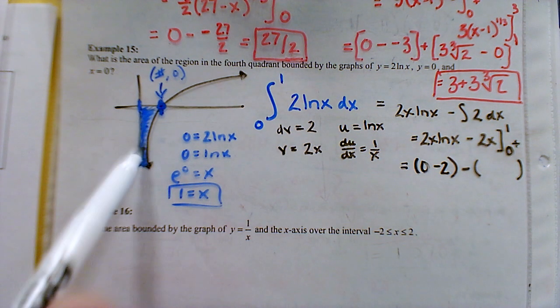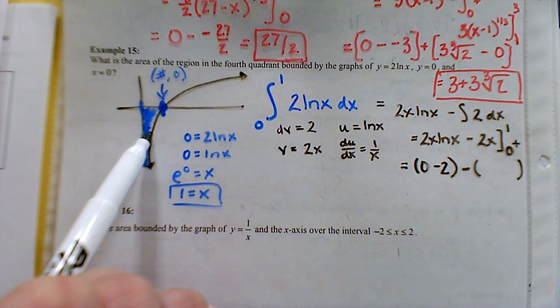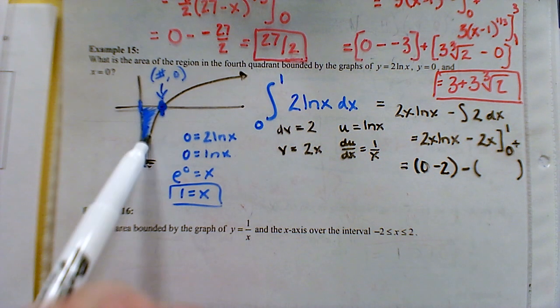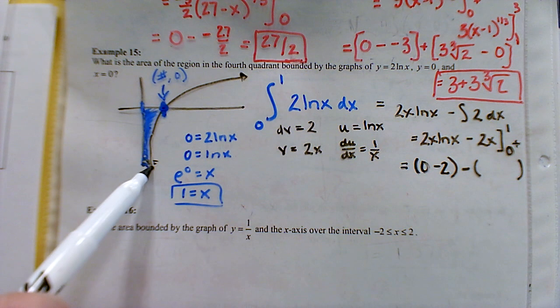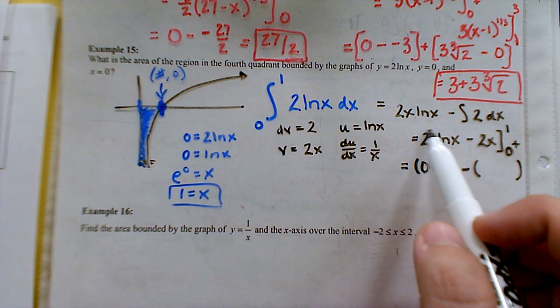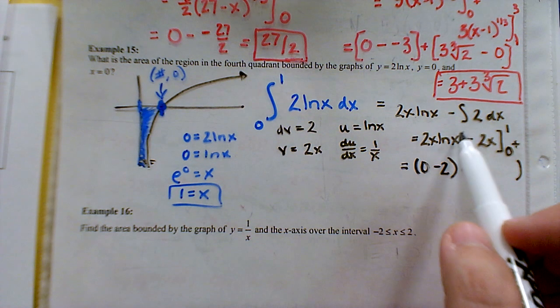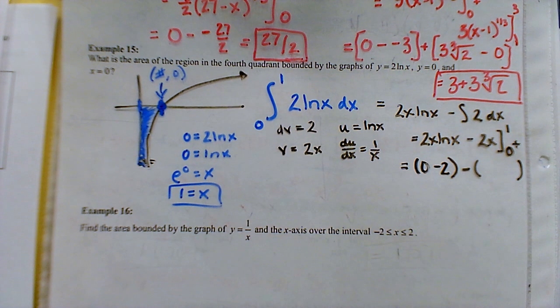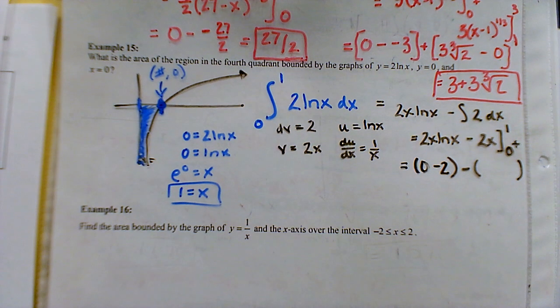Notice how if this is a natural log graph and you plug in something really close to 0, your graph is getting more negative. So you basically have something really close to 0 times something really negative.